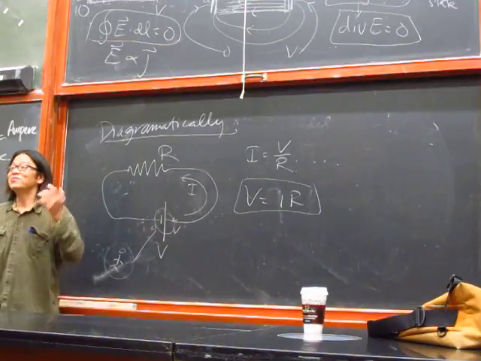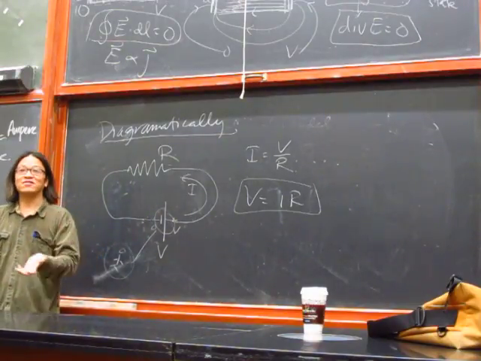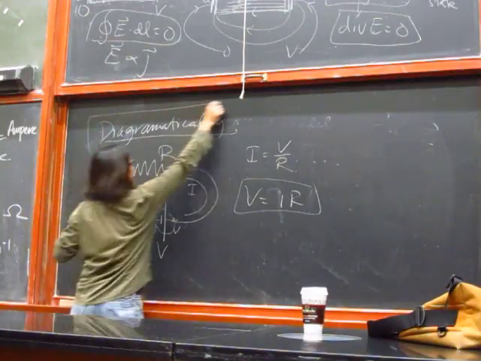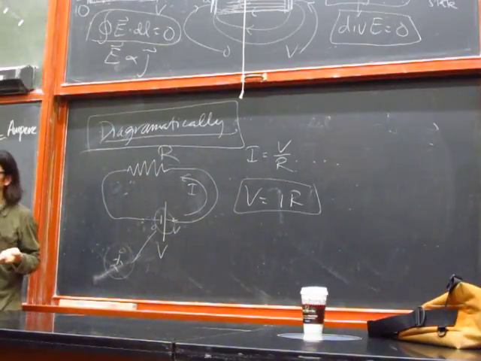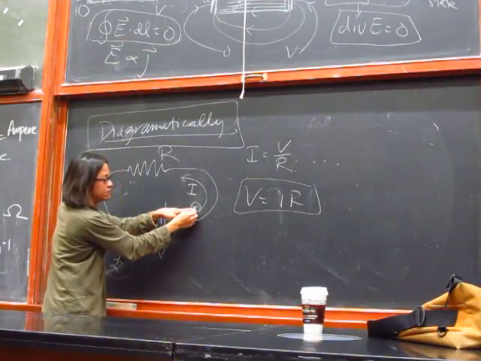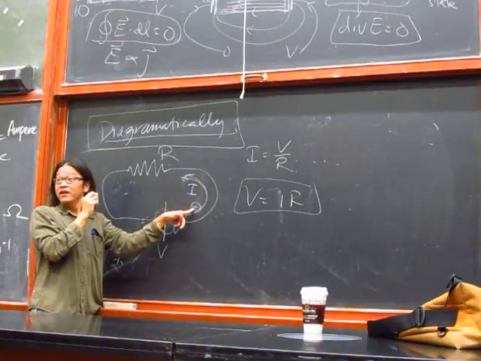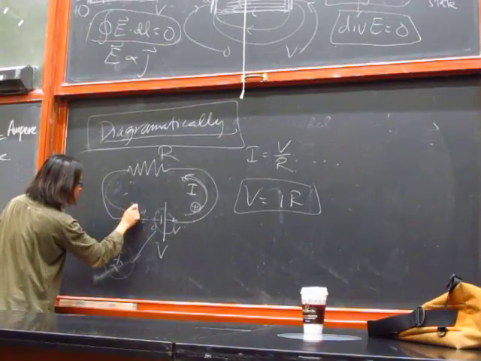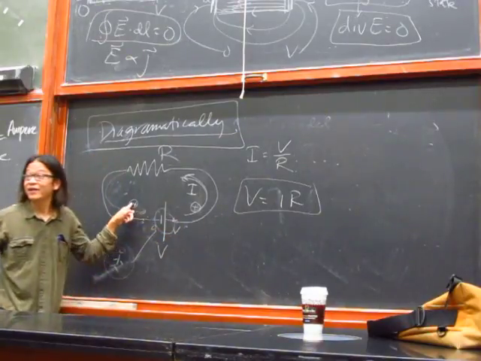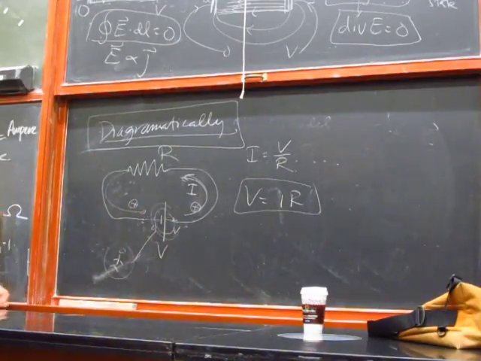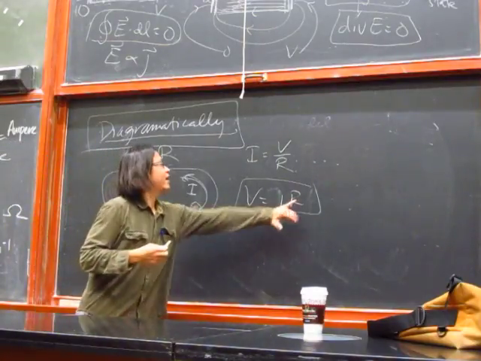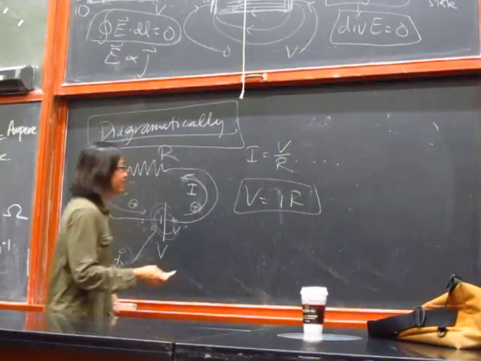We're not worried yet about whether charges are electrons or positive charges. That's why I call it diagrammatic: charge is always positive charge. So when I write a current like that, it means a positive charge flowing in that direction. At some point the positive charge gets over here, and the demon has to bring it up again. The battery is the demon. And V is IR, I is V over R, they're all the same thing.